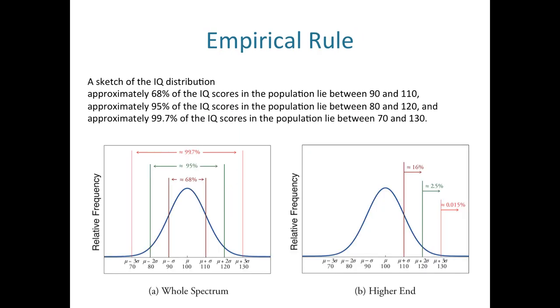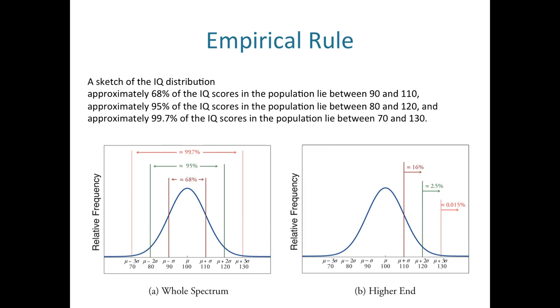And then we have the empirical rule. Here we are representing the distribution of, for example, IQ scores, but you could take any other Gaussian distribution out there. You could take the distribution of heights, the distribution of grades, and so on. What the empirical rule says is that approximately 68% of the values is going to lie within 1 standard deviation, approximately 95% of the values is going to lie within 2 standard deviations, and approximately 99.7% of the values is going to lie within 3 standard deviations.